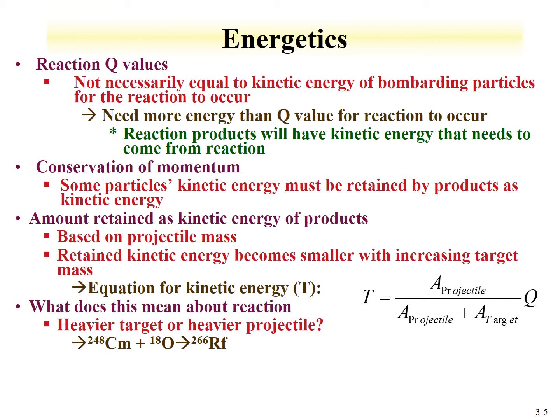If I accelerate curium into an oxygen target, using curium as the projectile, this kinetic energy is about equal to the Q value, because it equals 248 divided by the sum of 248 plus 18. Now if we go the other route, which is actually done experimentally, where we accelerate oxygen into curium, we end up with the kinetic energy being only a smaller fraction of the Q value. This is one reason why you often accelerate the light particle into the heavier target.